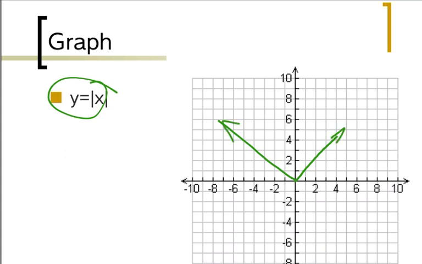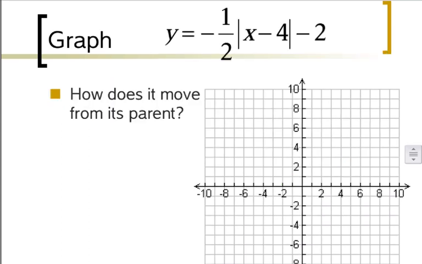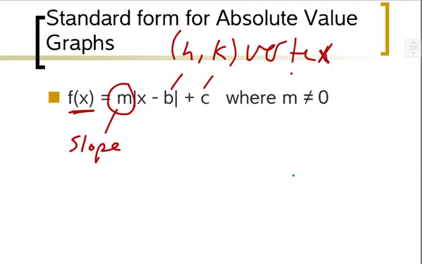Okay, so that is a good thing to memorize, because now we're going to take it and we're going to shift it by adding things to the equation. So now this time we added a different slope, we have a different x value of the vertex and a different y value of the vertex. Now if you recall from the lesson we had on parabolas, the b causes us to move left or right opposite of the sign.